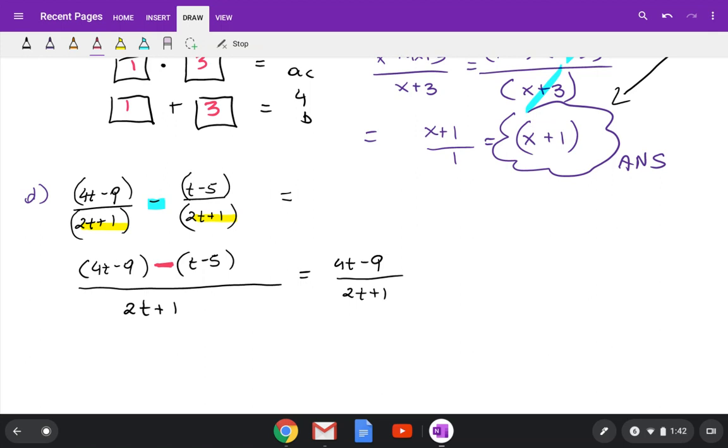So this is the same as having negative 1 in front of the parentheses. So you want to distribute that negative 1 to both, which will become negative 1 times t, it's negative t, and negative 1 times negative 5 will give you positive 5.